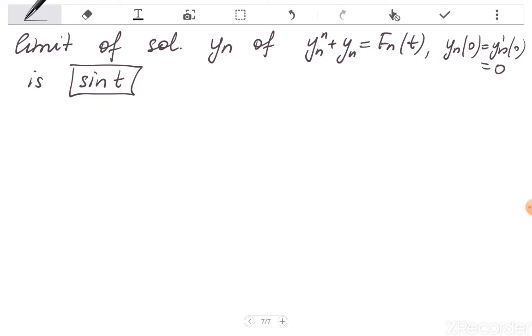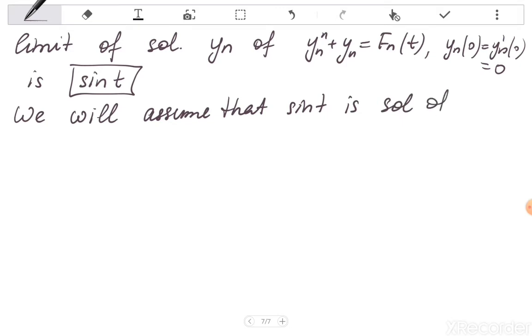So we can assume now, or we will assume, that sine t is the solution of the same initial value problem, but with delta on the right.